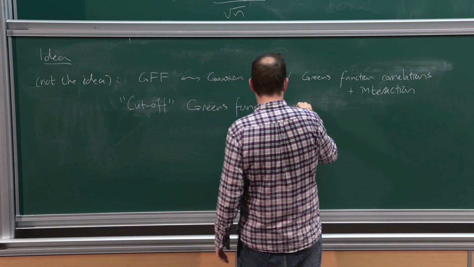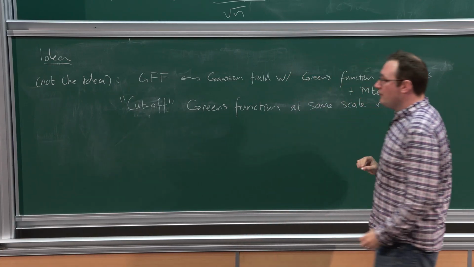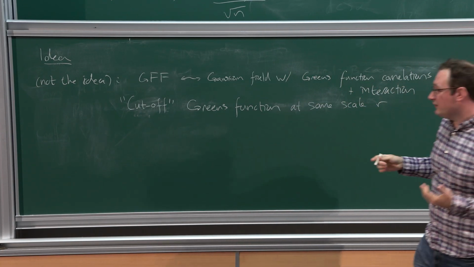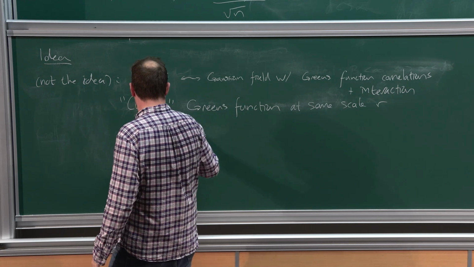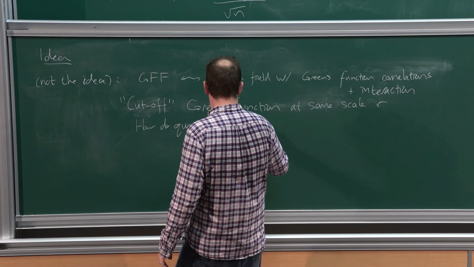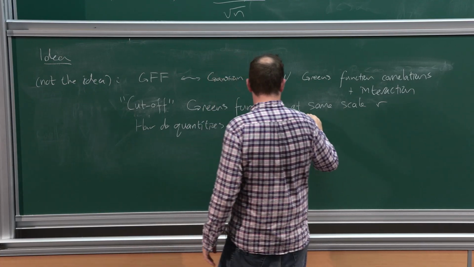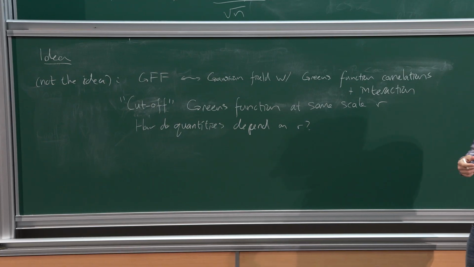Okay. So you get some scale r. And then what you want to do is understand how quantities depend on r. Usually it's much nicer, if you can, to vary r continuously and try to get some approximate differential equations that are satisfied as you vary this thing.